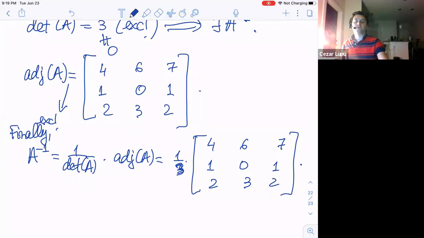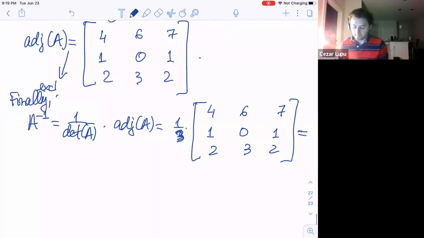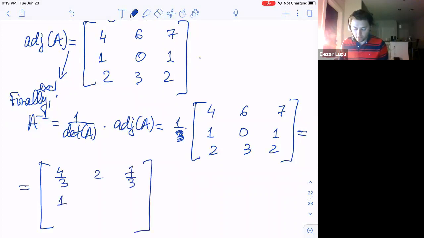And then you can just multiply each one of them, and this will give you, okay, let's do it. It's 4 over 3, 2, 7 over 3, 1/3, 0, 1/3, 2/3, 1, and 2/3. And that's it.